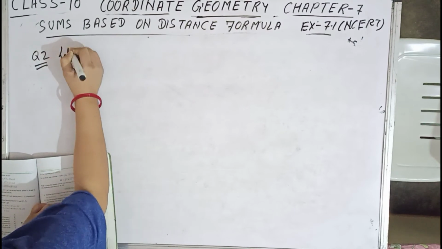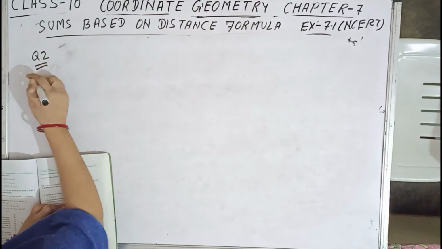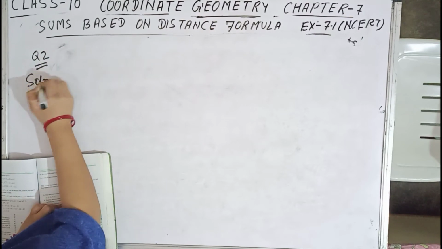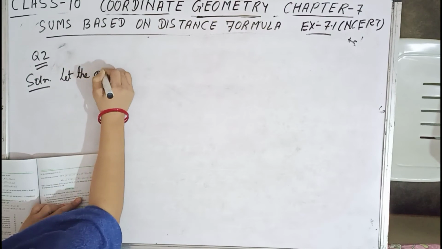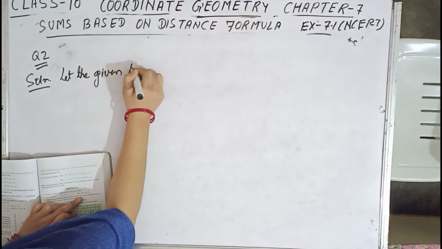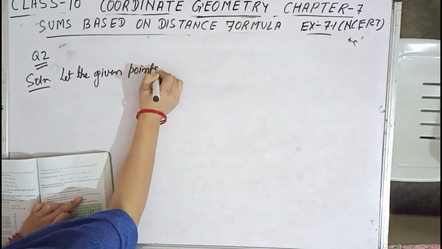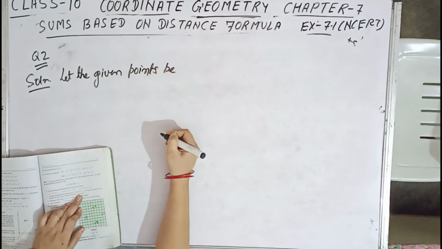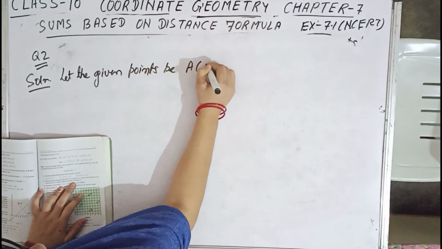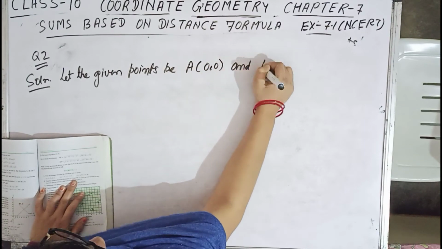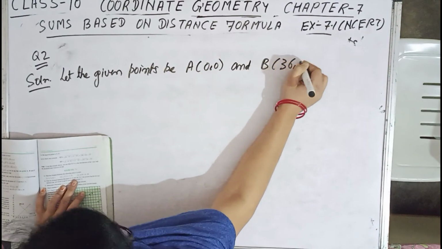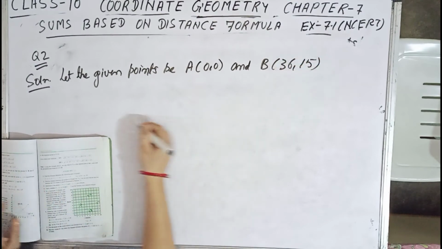So I am directly starting the solution. Solution. Let the given points be A(0, 0) and B(36, 15).